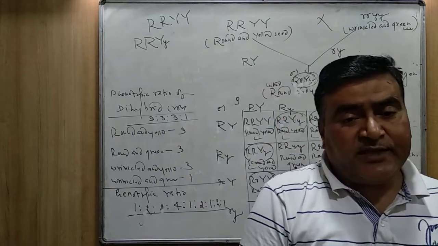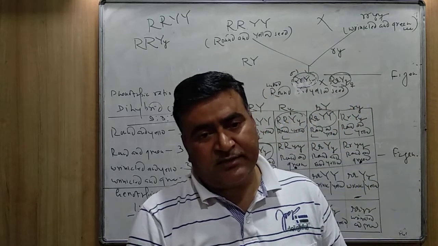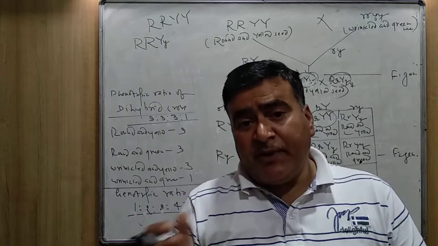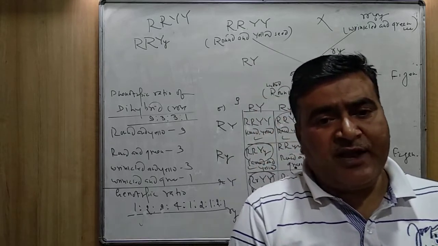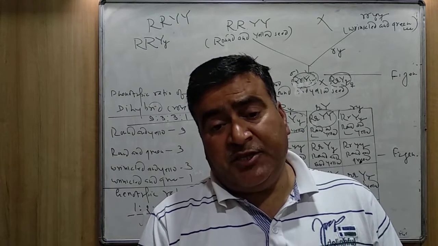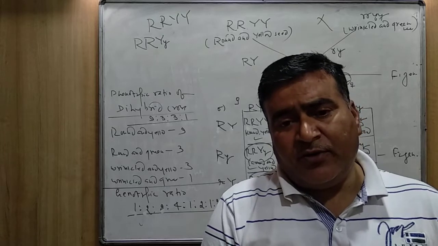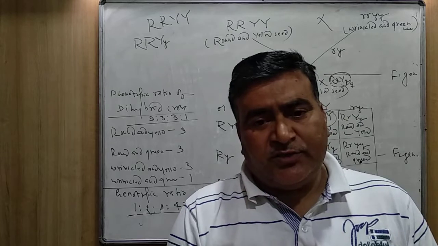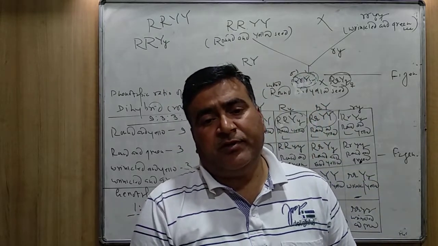So what is the phenotypic ratio of the monohybrid cross? The phenotypic ratio of the monohybrid cross is 3:1, and the phenotypic ratio of the dihybrid cross is 9:3:3:1. The genotypic ratio of the monohybrid cross is very simple. You can learn 1:2:1, as I told you, 1 pure tall, 2 hybrid tall and 1 pure dwarf.